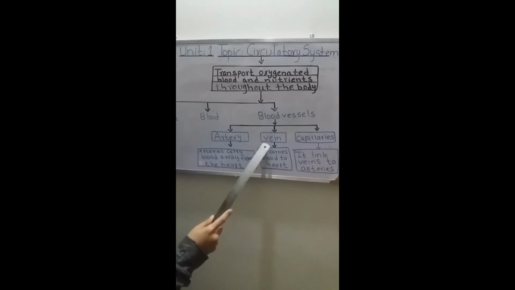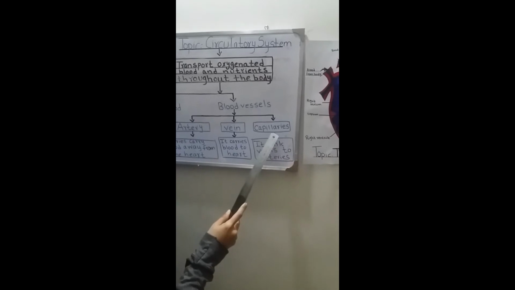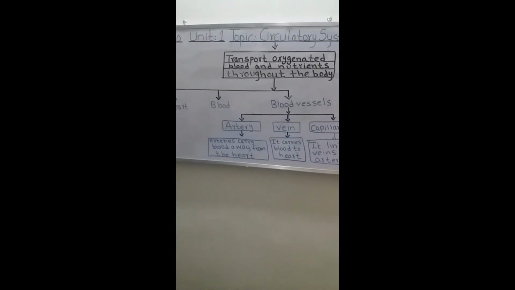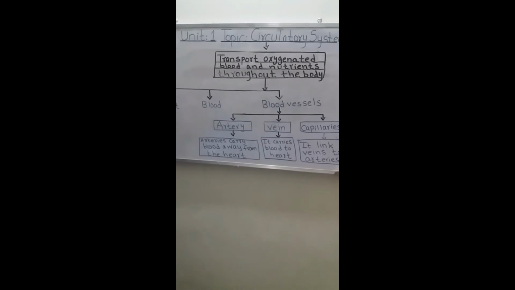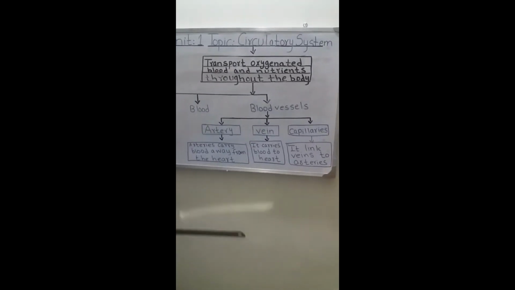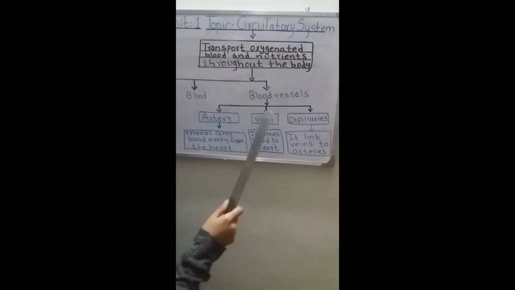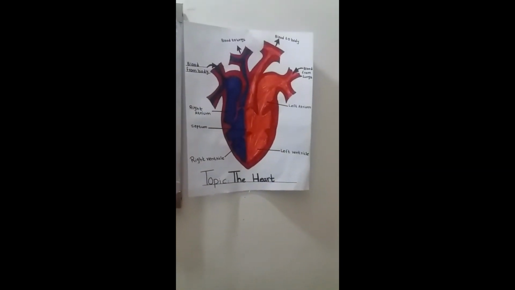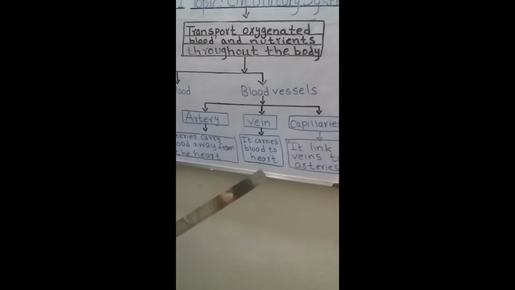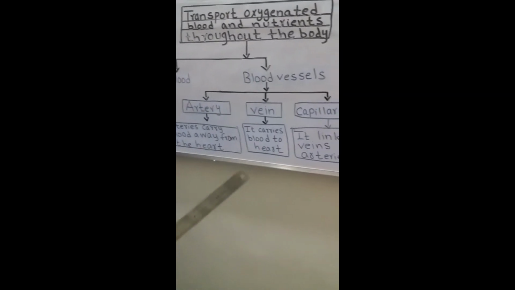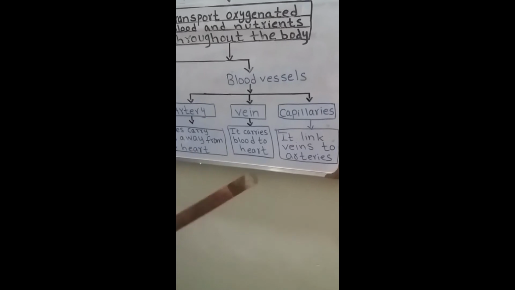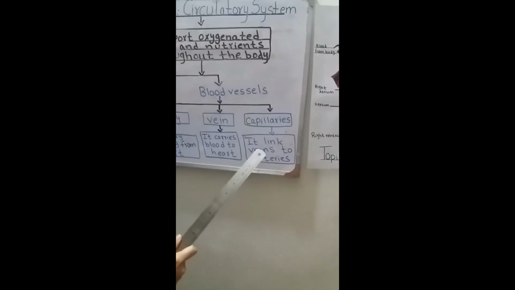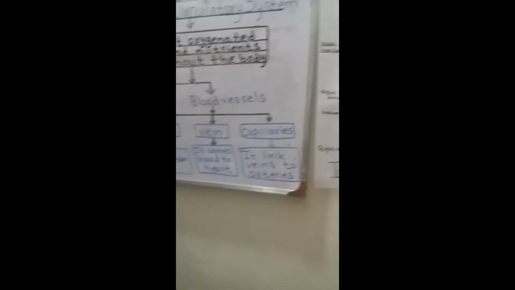Second is the vein. And third is the capillary. Now the question arises, what is the function of these blood vessels? Blood vessels are tubes present in your body, and blood is carried to and away from the heart through these vessels, and the third vessel, the capillary, links veins and arteries.